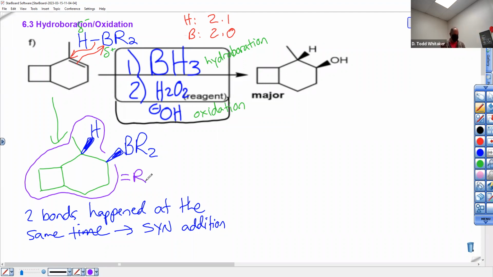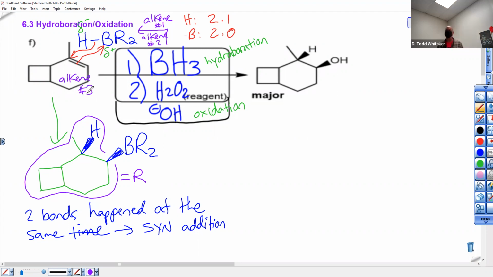Oh, what he said was this reacted 2 times with an alkene number 1, and then alkene number 2, and then this is alkene number 3 reacting. You're showing me the last one.